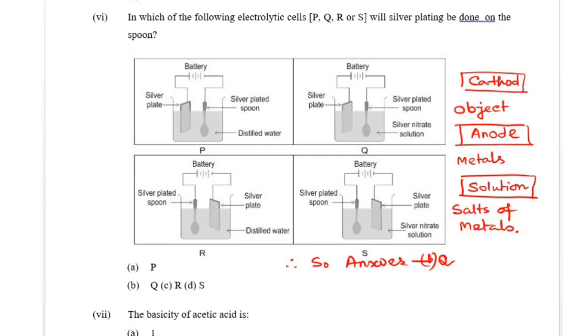The anode is the metal by which the object is to be electroplated, and the solution should be a salt of that metal. So the answer should be option B, Q. Here the spoon is the object, the cathode; the silver plate is the anode; and the solution is silver nitrate, a salt of that metal. So the right option is B, Q. Okay, let us move to the next question.